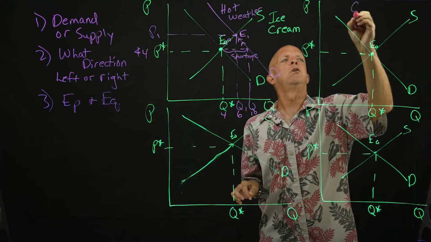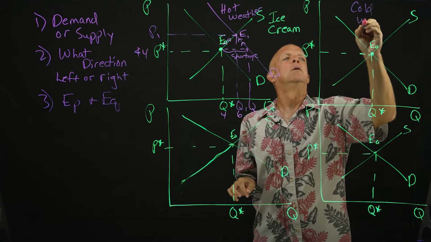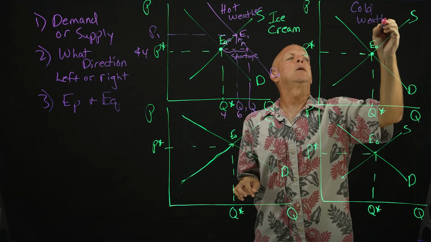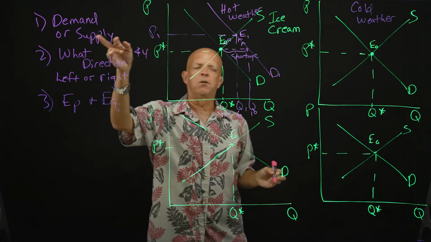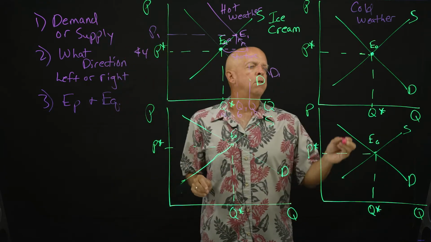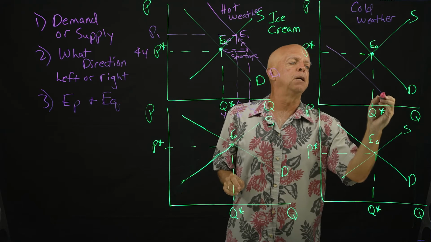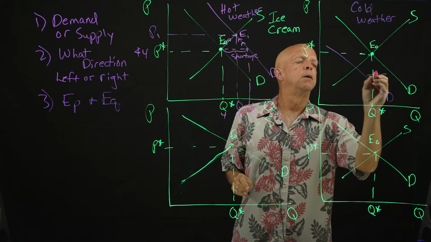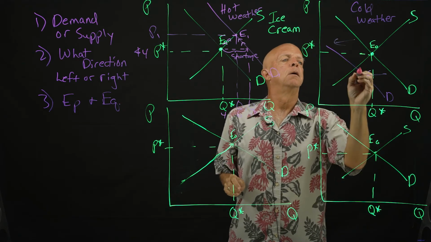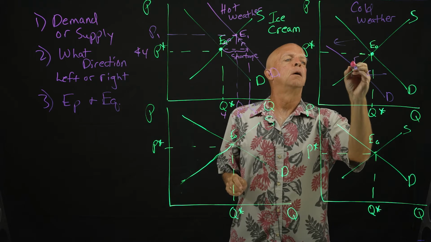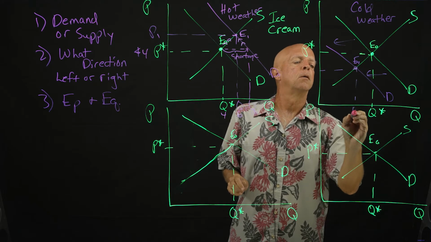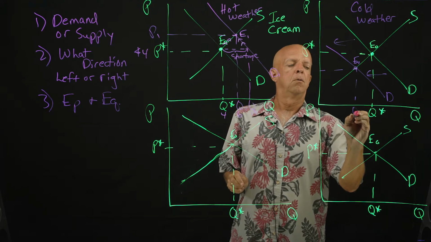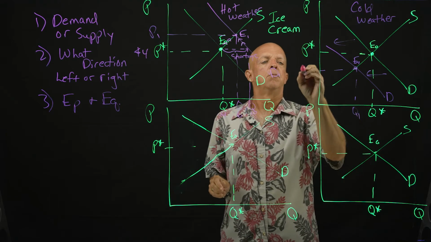Now let's say in ice cream there's cold weather. Oh my, we don't want ice cream when there's cold weather. It's going to be demand again, but this time a shift to the left, from Q1, P1.